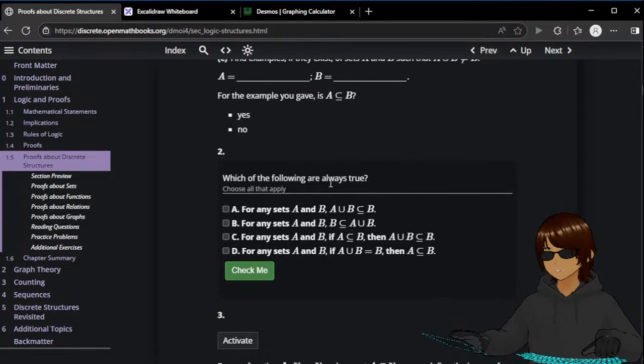Which of the following are always true? For any set, if A is a subset of B, then A union B is a subset of B. No. Wait, yeah, that's true actually.